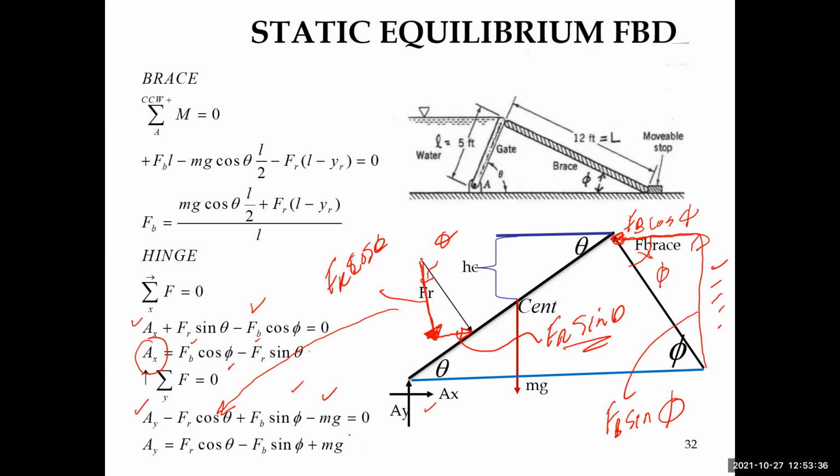So this gives me the parametric equation to find the value of A sub Y in terms of my pressure reaction force F sub R, the force of the brace acting on the gate F sub B, and the weight of the gate. Of course, A sub Y has to balance the weight. A sub Y has to balance the Y component of my pressure force F sub R. It also has to balance the Y component of the brace.